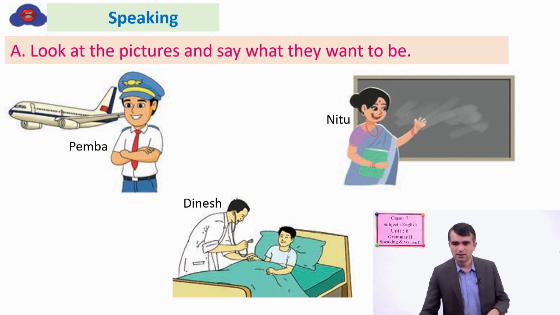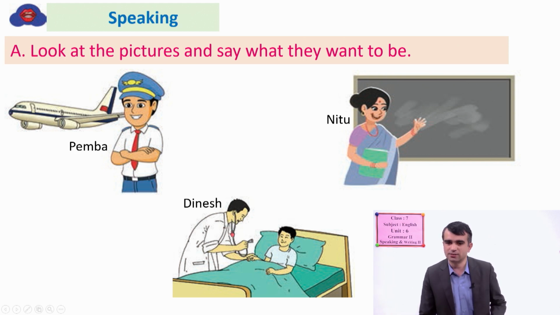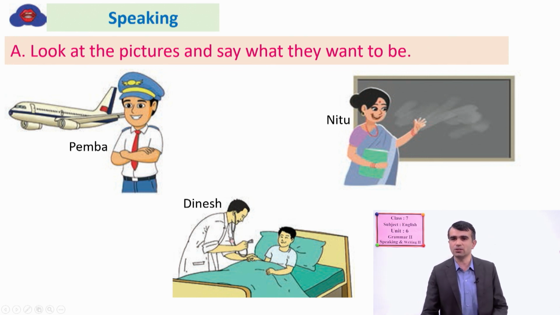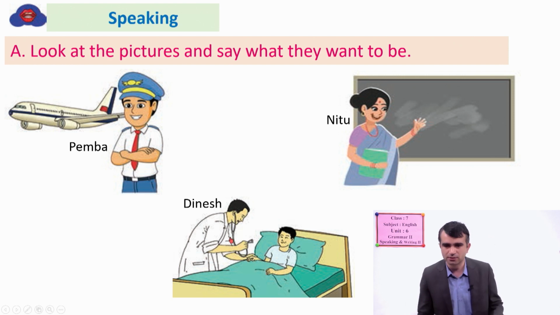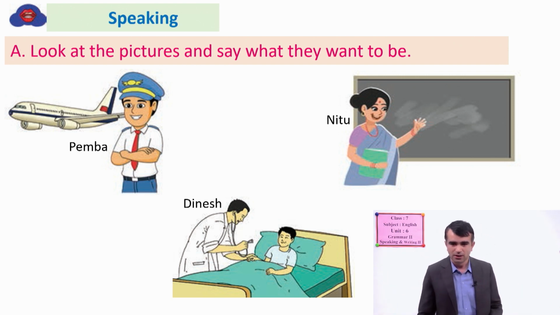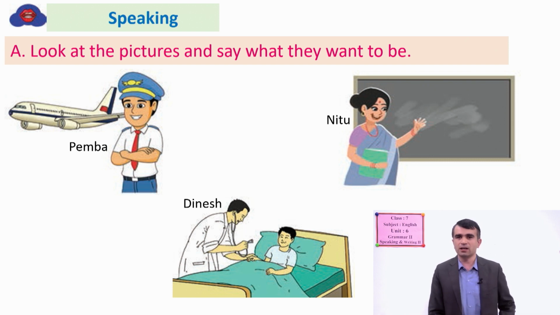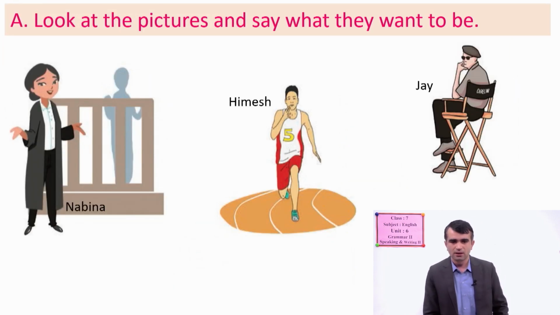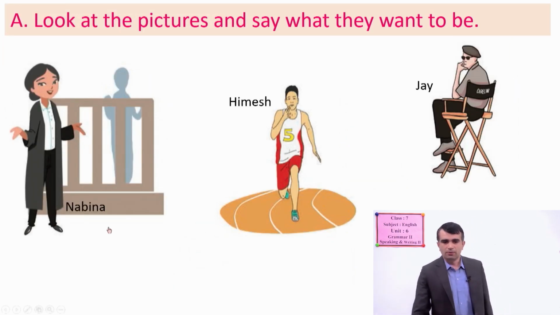Third one, he is Dinesh. And what does he want to be? Looking at the picture, you can say he wants to be a doctor. Good. In the same way, other pictures. Next one. She is Nabina.